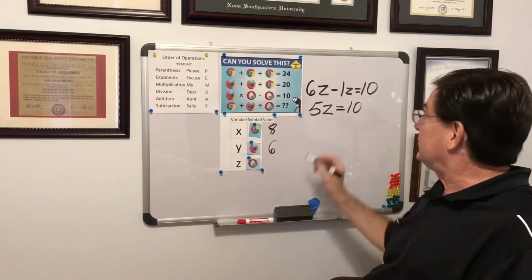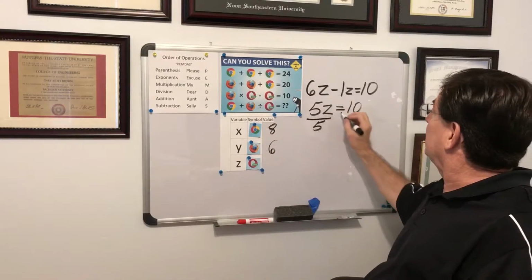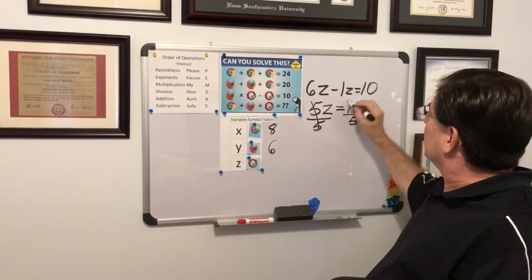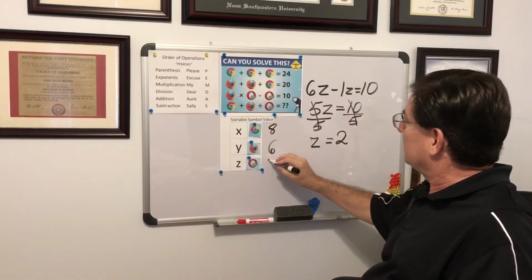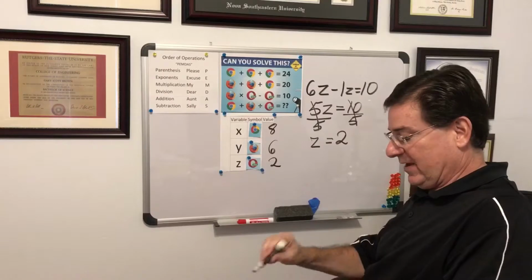And then we do the division of the identity, both sides the same. For cancellation, we have z equals 2. So this is going great. We have all the values we need.